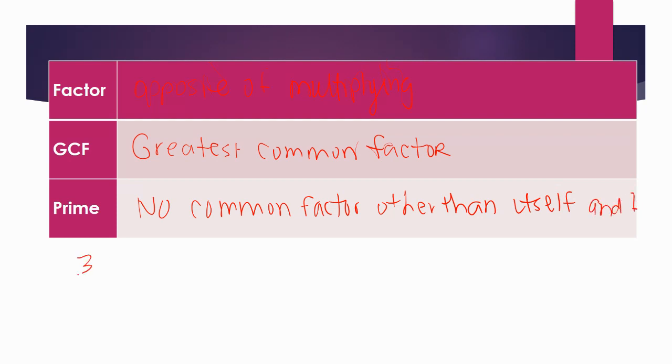So like the number 3, the only things you can multiply together to get 3 are 3 and 1. The number 5, it's 5 and 1. 7, again, 7 and 1.